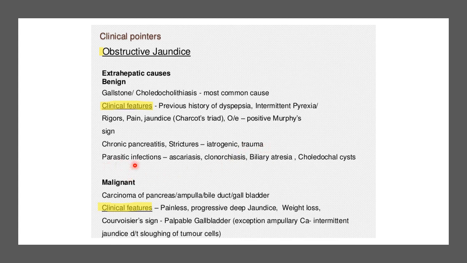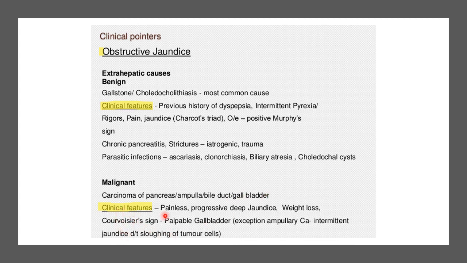Parasitic infection is another important cause, which used to be common but is less common nowadays, and congenital causes include biliary atresia and choledochal cysts. As for obstructive jaundice due to malignancy, there is the triple malignancy of carcinoma of the pancreas, ampulla and bile ducts, and also gallbladder carcinoma.